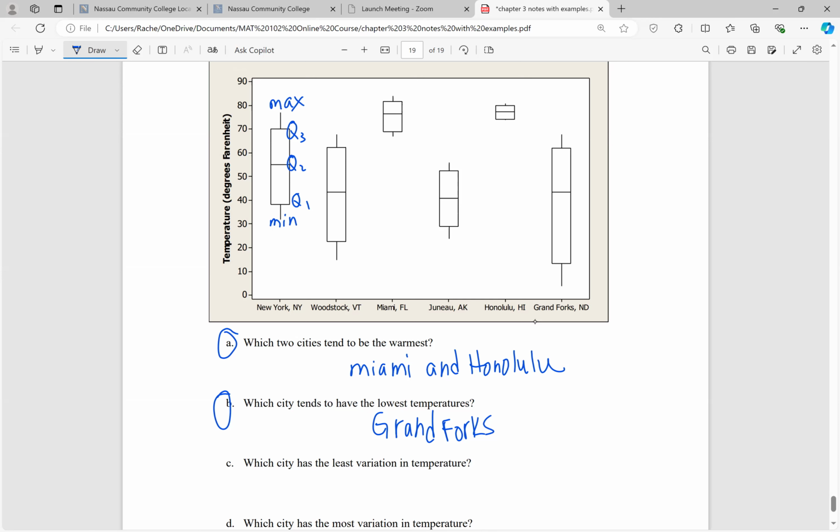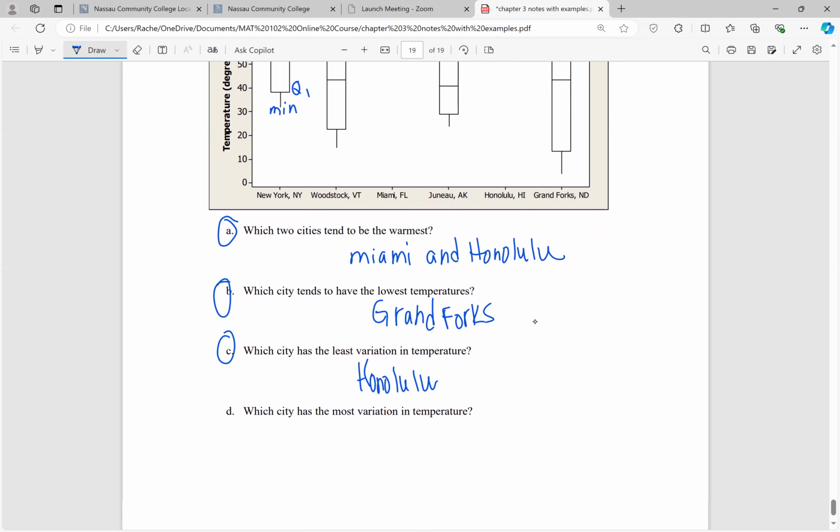So if we look at all these different box plots, the one that has the least variation in temperature, or the smallest box, is going to be Honolulu. Honolulu doesn't seem to vary in temperature much. It hovers between 75 and 85 degrees.